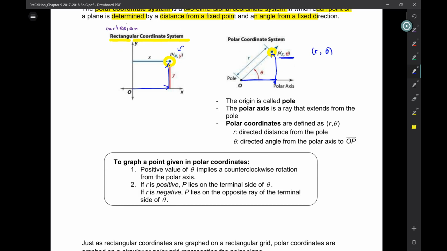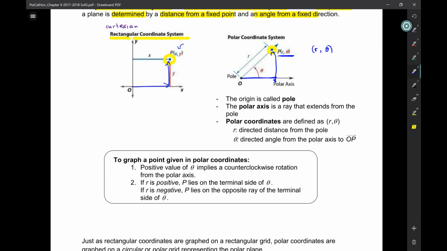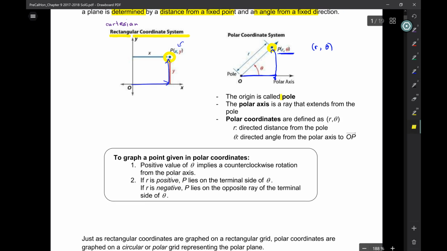On the rectangular coordinate system, we have an origin, an x-axis, and a y-axis. Here, what we normally refer to as the origin is called the pole, and the pole is right here. That's a point.